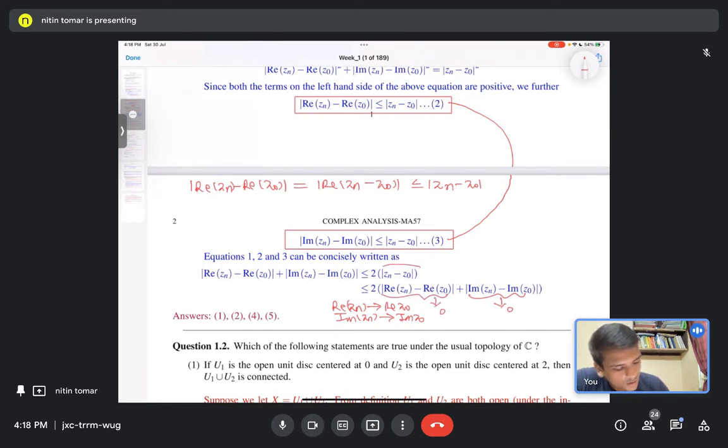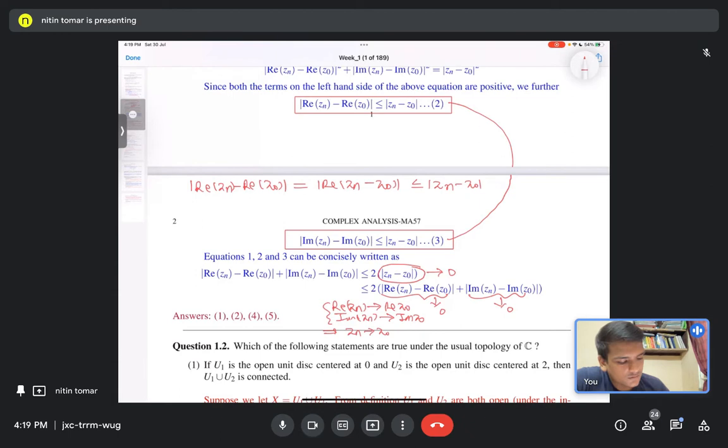But because mod of zn minus z naught is smaller than these two numbers, it will also go to 0 as n goes to infinity. So these two together imply that zn goes to z naught as n goes to infinity.